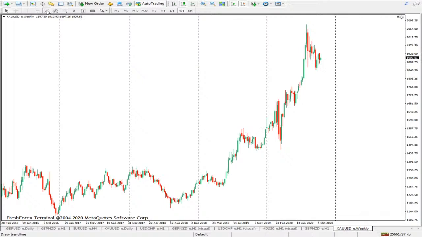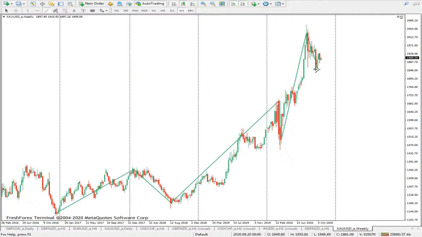If you look at it like this, this is a big impulsive move to the upper side, and then we have a correction, then another impulsive move, then a correction.